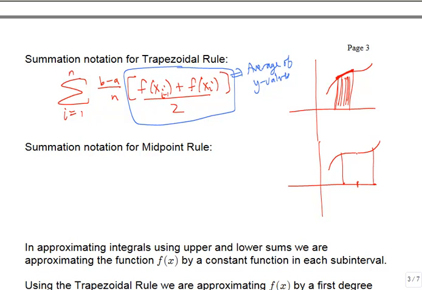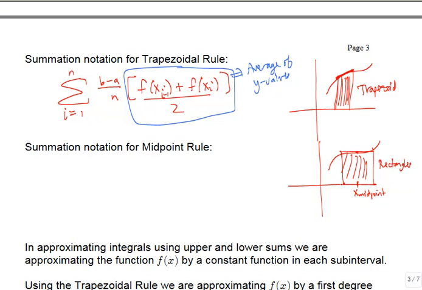And then you go up that high on your graph, and then you create a horizontal line going across that creates a rectangle. So this has the shape of a trapezoid, but in the midpoint rule you're still using rectangles. It's just that the height of that rectangle is being determined by the midpoint of the x endpoints.